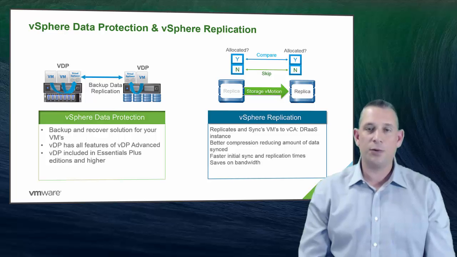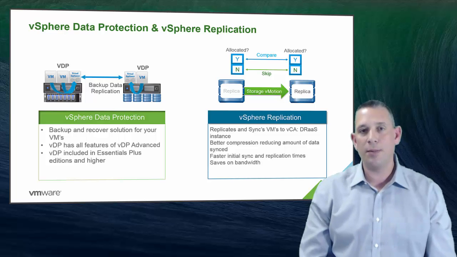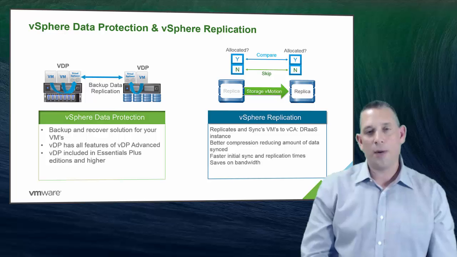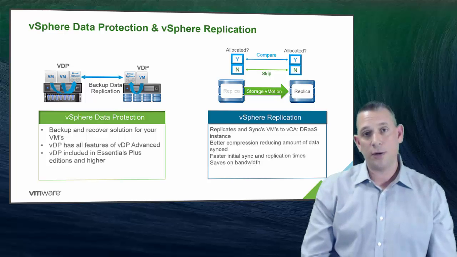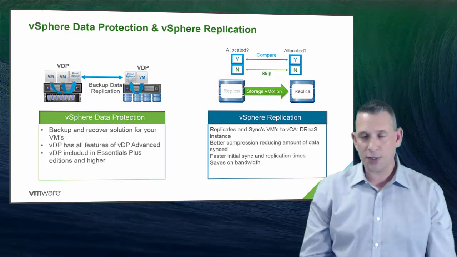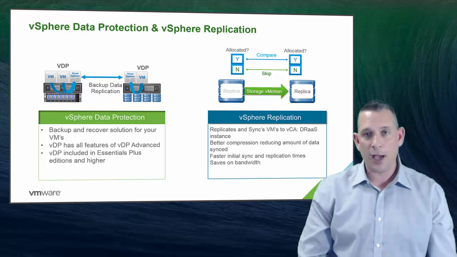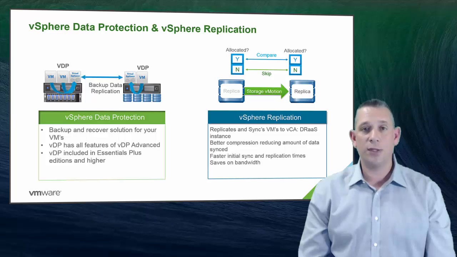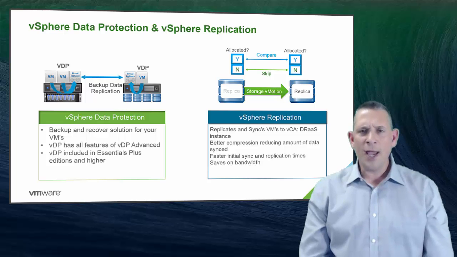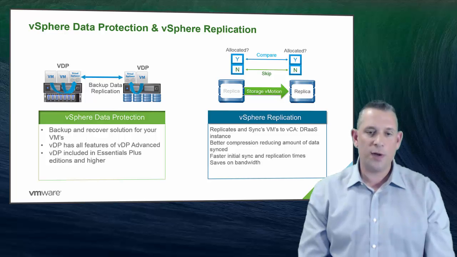Now, the new vSphere Replication Appliance gives you the capability of using vCenter Orchestrator or vRealize Orchestrator to automate the process of failover and failback. For the most part, this was completely manual in the previous version of vSphere Replication Appliance. We've also made some other improvements, such as a better job with compression and the workload behind that.